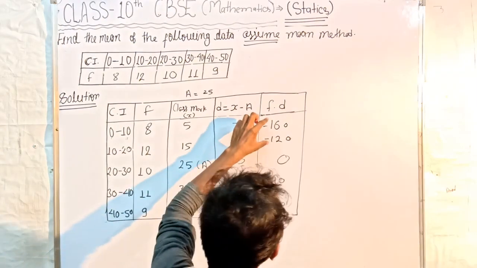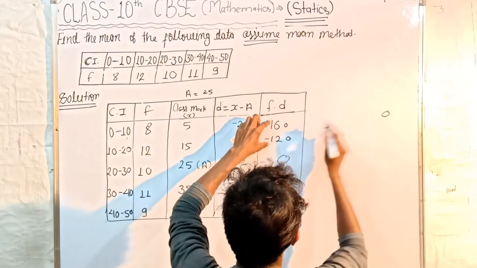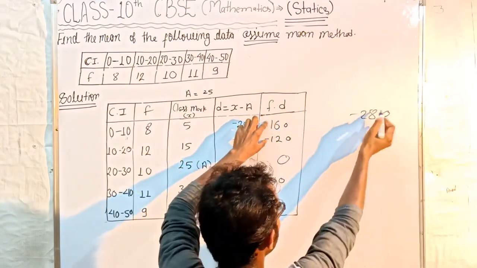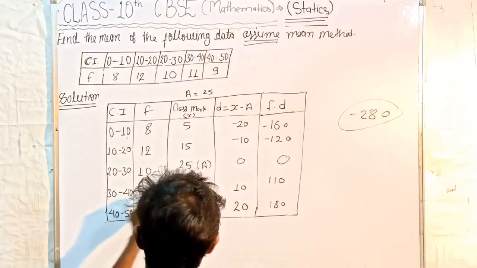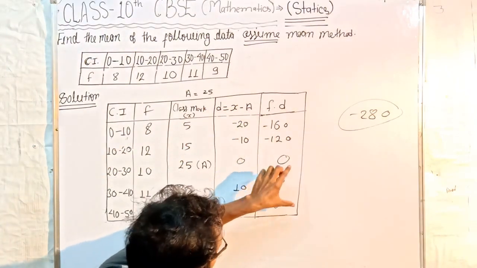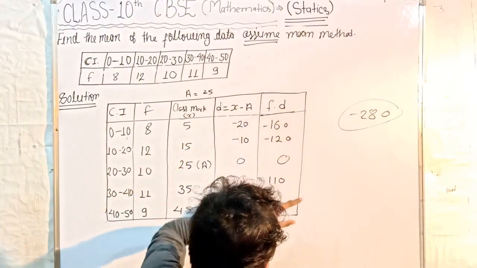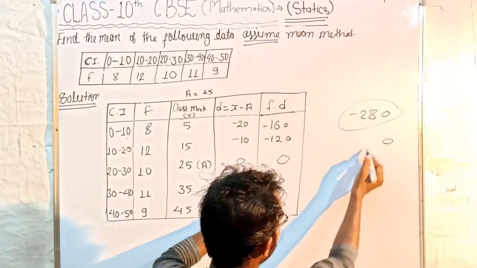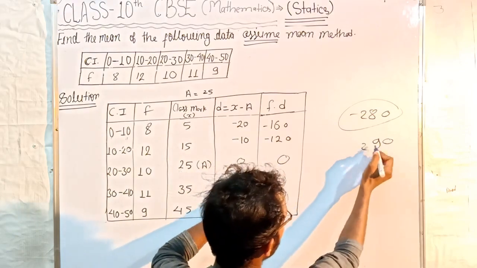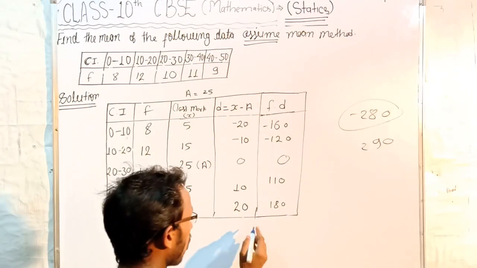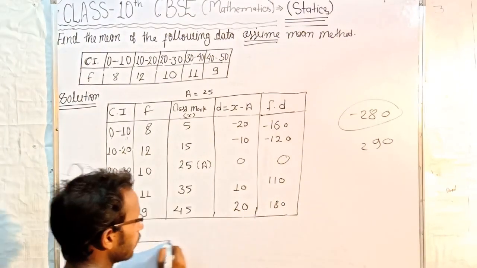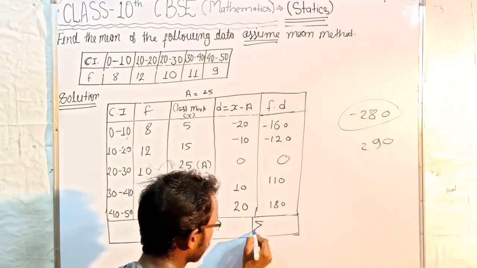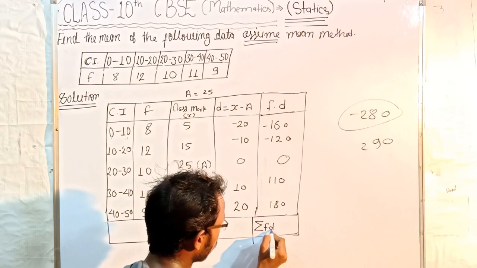Now add these negative terms: 160 plus 120 is 280. This is the negative term. Also add all the positive terms in this product of frequency and deviation: 0, 110 plus 180 is 290. Now you have to find the summation of f into d.